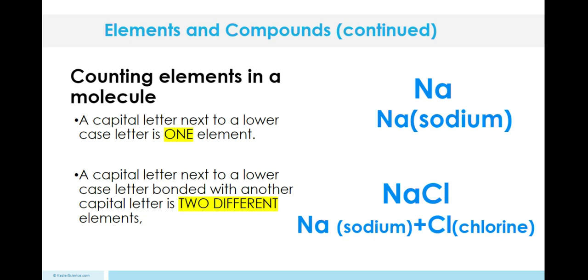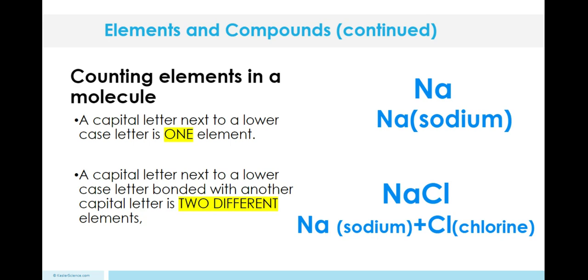A capital letter next to a lowercase letter that is chemically bonded with another capital letter is two different elements. Our formula example here is NaCl, good old table salt. You have a capital N and a lowercase a. We know the N and the a go together. That is one element, the element sodium.